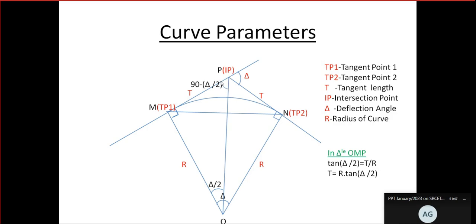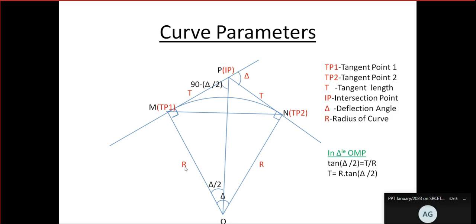That means this angle will be equal to 90 minus delta by 2. This 90 is there. Total sum of angles equal to 180. So 180 minus 90 minus (90 minus delta by 2) equal to delta by 2. This is delta by 2, this is delta by 2, total angle will be delta. So always in curve parameters, the angle subtended at the center is equal to the deflection angle. Okay.